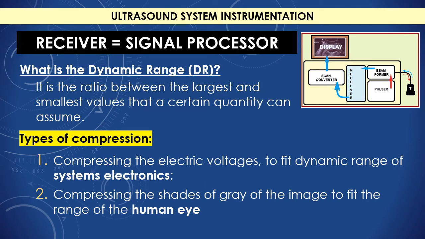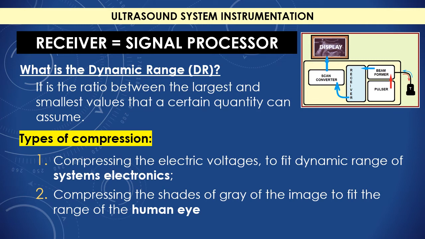So what is this dynamic range? Dynamic range is the ratio between the highest to the lowest values for any component. Assuming that the highest value is 500 and the lowest value, for example, is 10, what is the ratio? 500 divided by 10. Okay, I will get the ratio is 50, right?